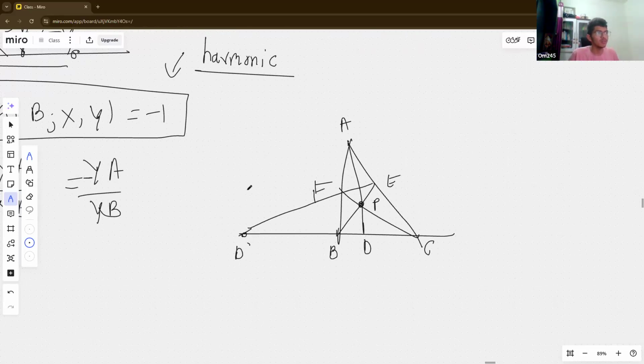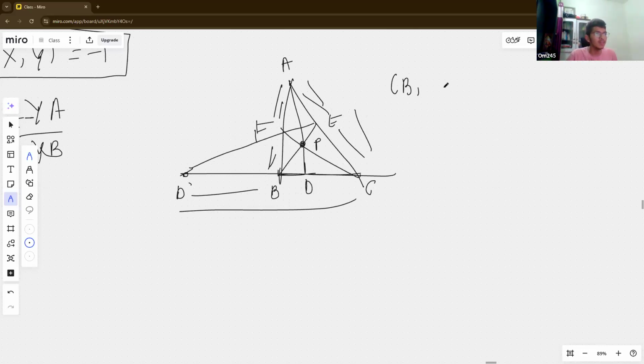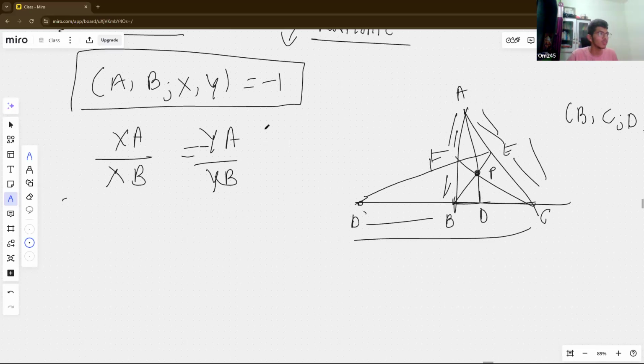Then by Ceva and Menelaus, B dash C dash is equal to some length ratio, and BD dash and CD dash are also equivalent to the same thing. Using Ceva and Menelaus together, you get that (B, C; D, D dash) is equal to -1. So basically this condition follows.